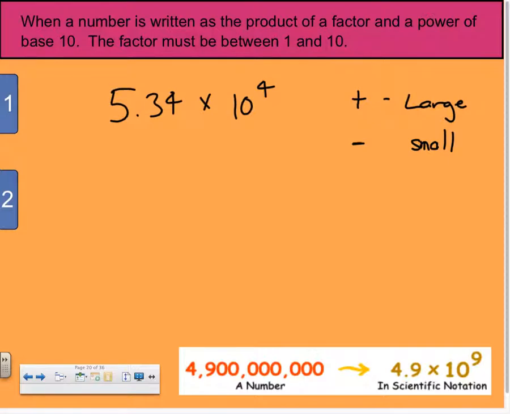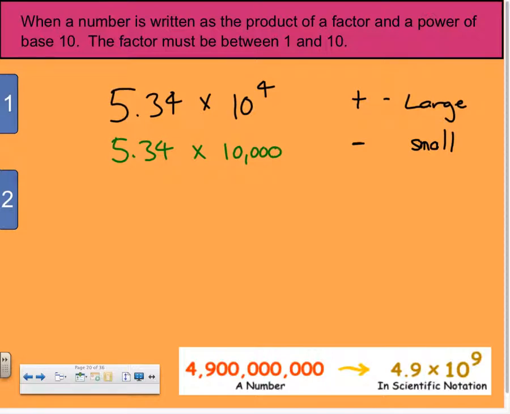Now let me ask you this. Which way would I have to move my decimal point to make it a big number? To the right. And how many spaces am I going to move it? I'm going to move it 4. Because, let's look at this really carefully. Another way that we can write 10 to the 4th is what?